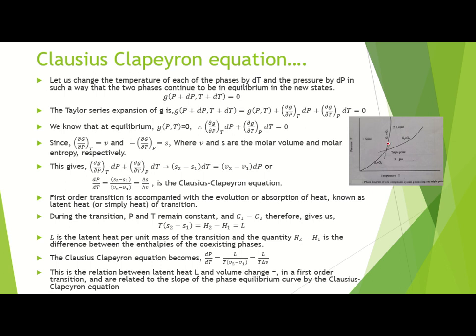And now we want to find out, let's say I change T by dT and P by dP, and still we want to have phase equilibrium, so that is the point P plus dP and T plus dT, and that is 0, and it was already 0 at P and T. So we get that the summation of the first order partial derivatives with respect to temperature and pressure will be equal to 0.